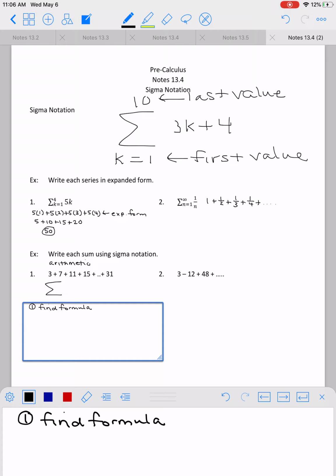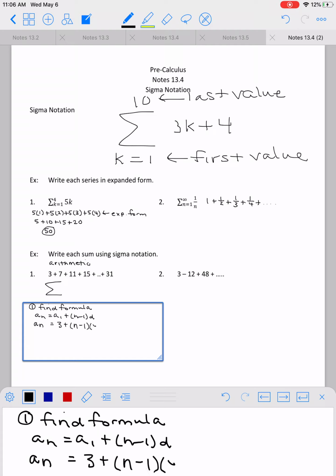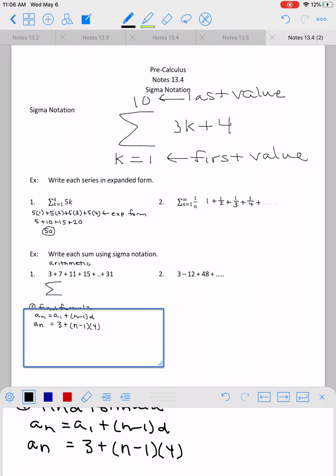Okay, and when we find the formula, we're going to use a sub n equals a sub 1 plus n minus 1 times the common difference. So plugging in again, a sub n, a sub 1, the first term is 3. I'm leaving in the n minus 1, and the common difference is 4.